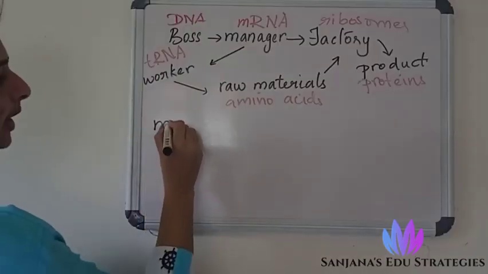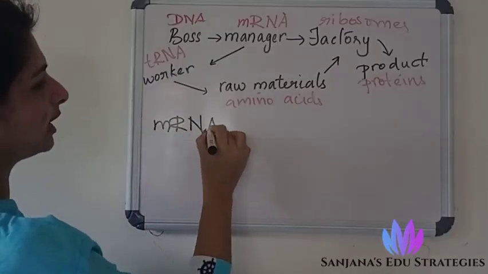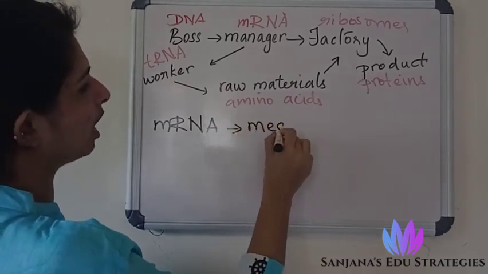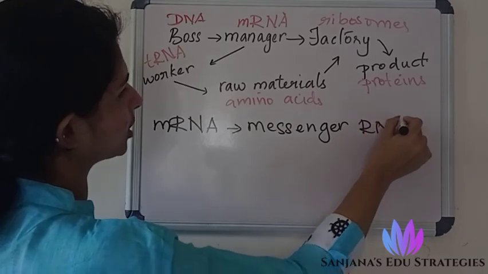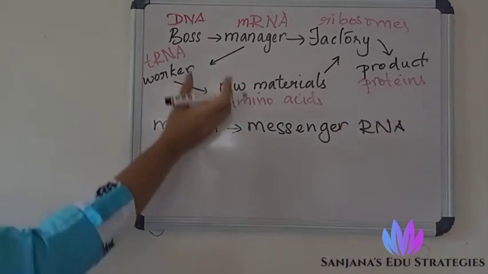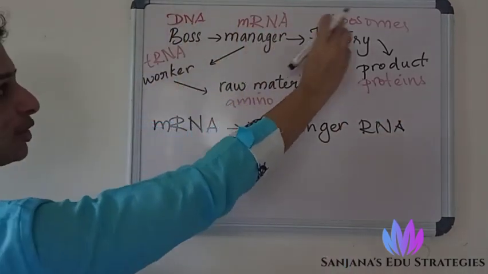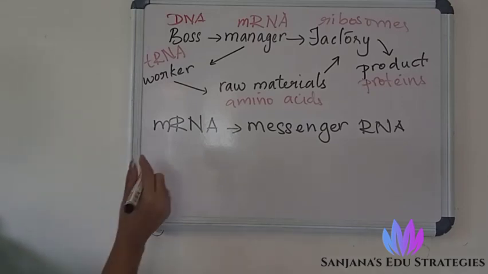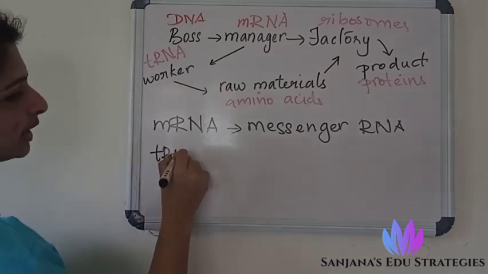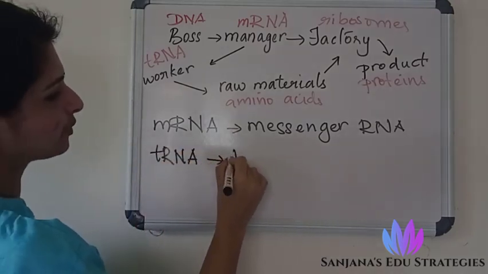mRNA, its full form is messenger RNA. What is its function? It carries information from DNA and passes it to ribosomes. It orders ribosomes to produce proteins. Next, what is tRNA? tRNA is transfer RNA.